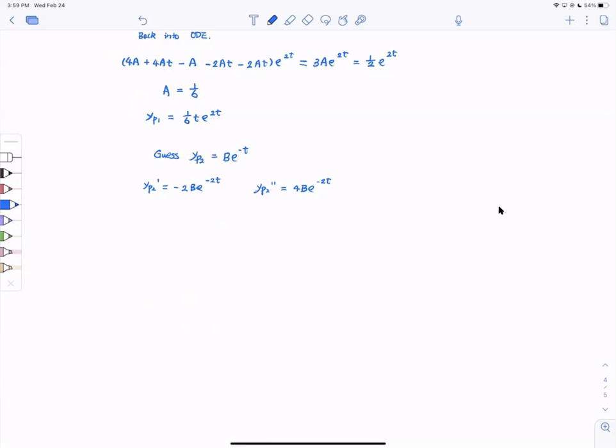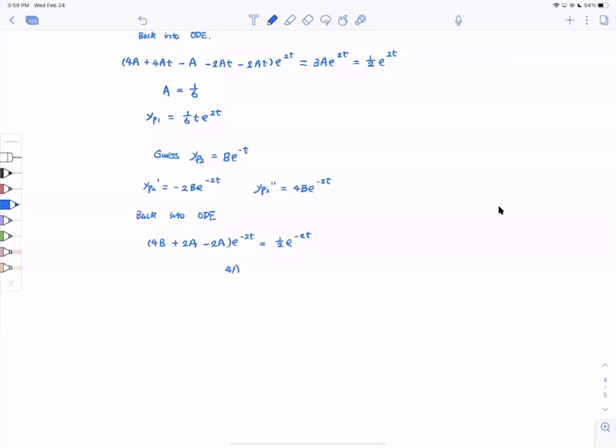Then you plug it back into the ODE, and you get 4b plus 2b minus 2b e to the negative 2t equals 1 over 2 e to the negative 2t.